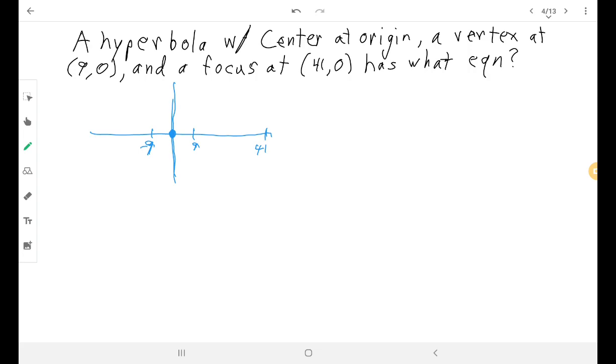Okay? So we've got vertices there and there, and I'm just gonna draw some version that fits more than anything else. This is not necessarily accurate. Okay, somewhere out here we have another focus point at -41, 0.